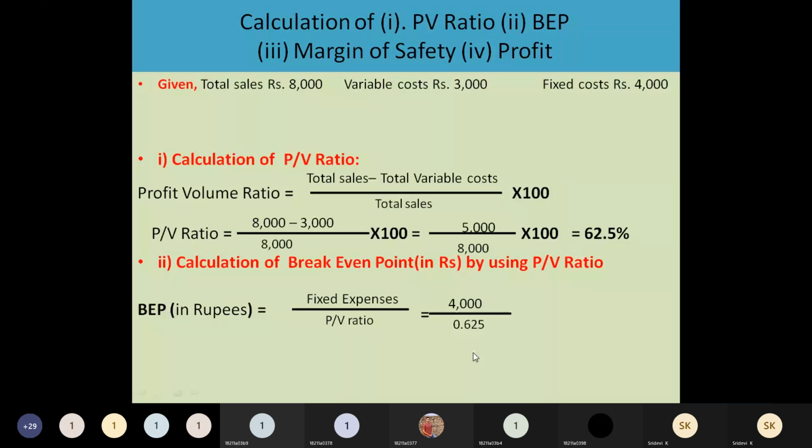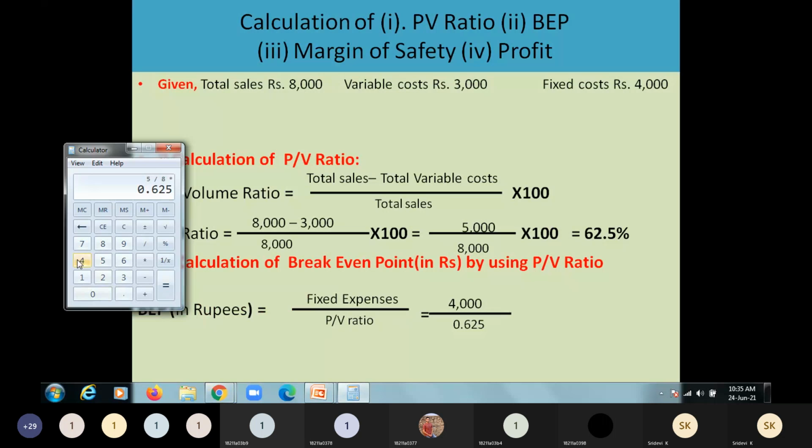So 4,000 divided by 0.625, how much are we going to get? Let us see that in the calculator. 4,000 divided by 0.625.